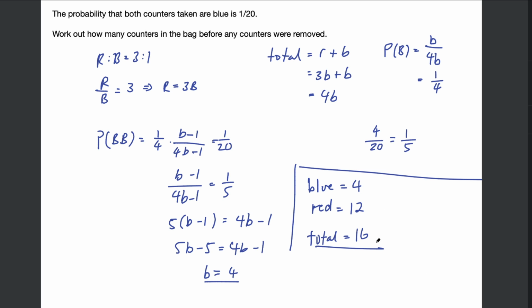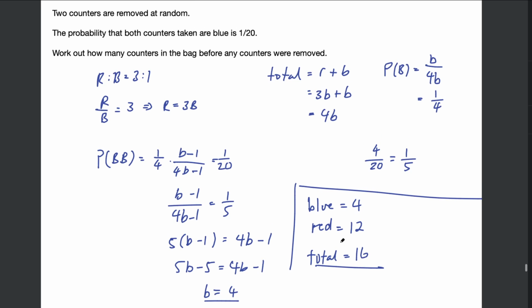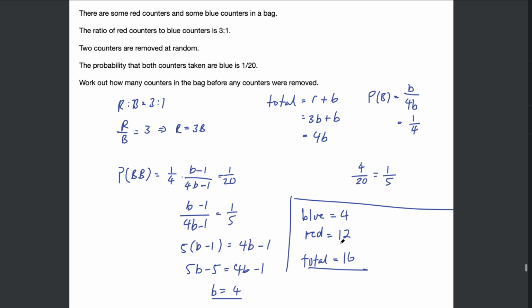Okay, so total 16. And I always suggest doing what I call a reality check afterwards. So what do I mean by reality check? We'll just check that it fits in with all this information. Well, we already know that there are 3 times as many red counters. But what about this probability?